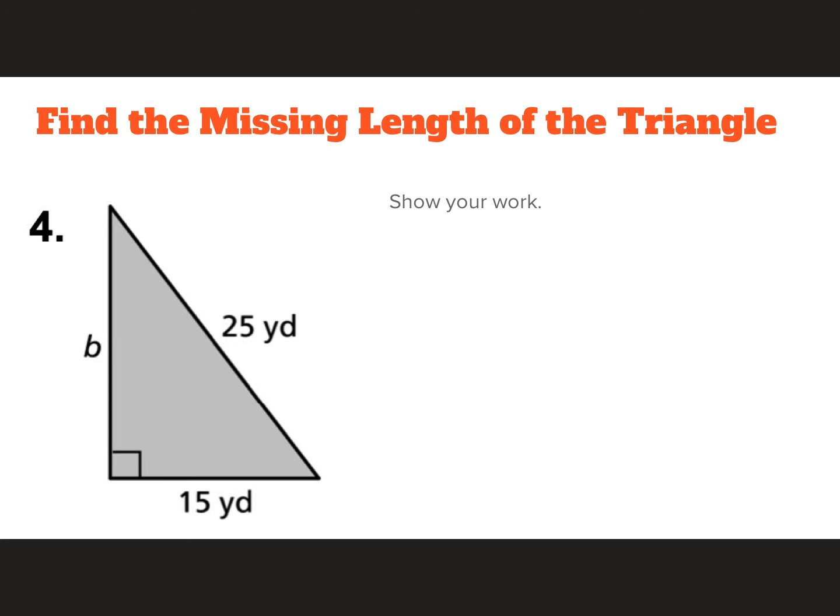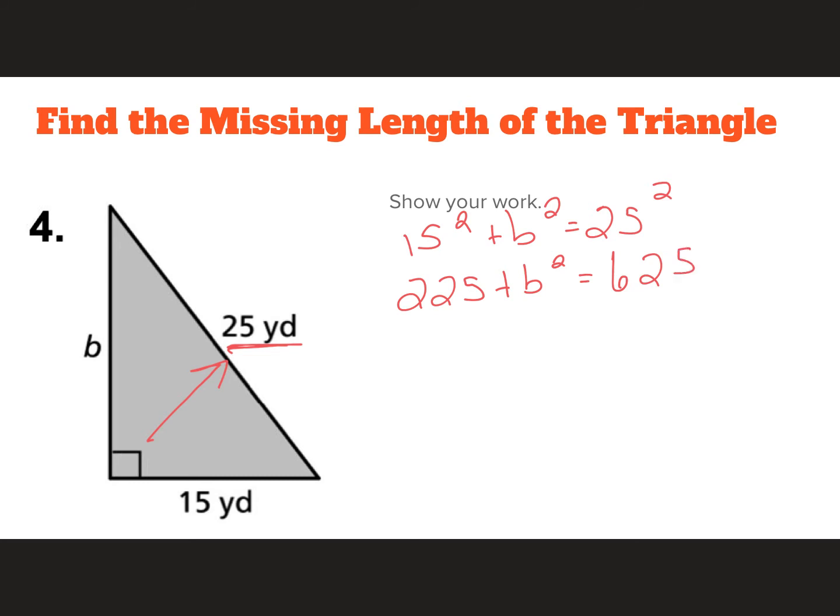Now let's look at this one. Here's my right angle. Here's the side across from my right angle. That means this is my side C. So I have 15 squared plus b squared equals 25 squared. 15 squared is 225, plus b squared, equals 25 squared, which is 625.